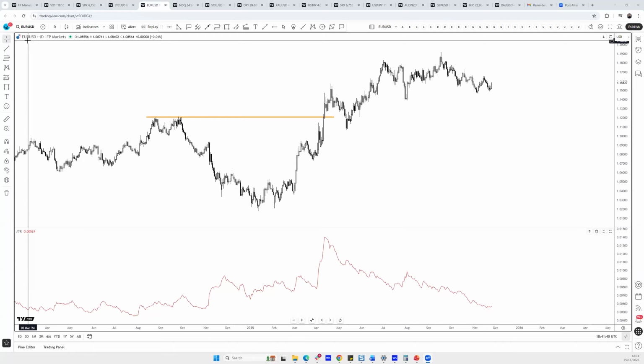Now, it was invented, I think, in 1980 or 1975 by J. Wells Wilder, I believe. And if you look into this, Wilder is the founder of a number of technical indicators, including the RSI, and also the average directional index, I believe, and the parabolic SAR as well.